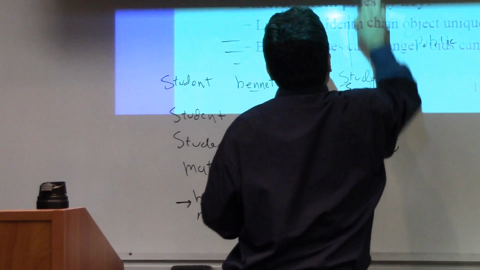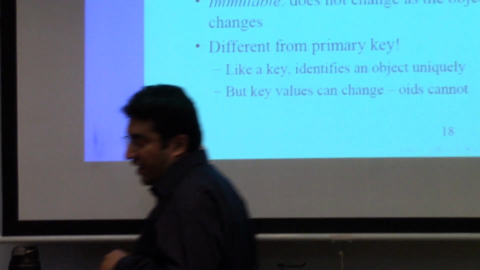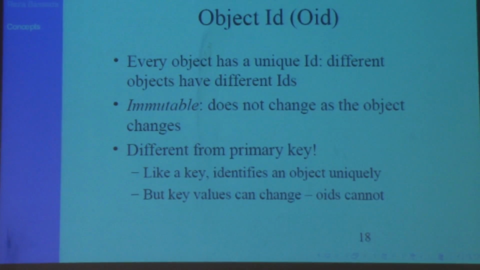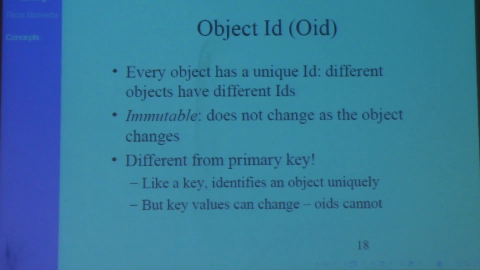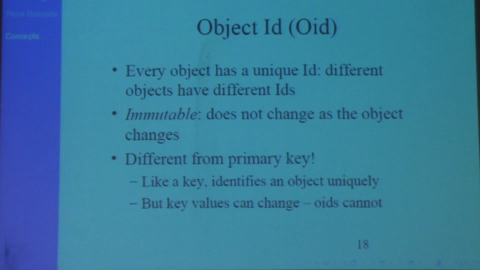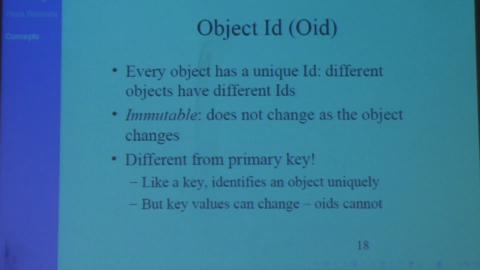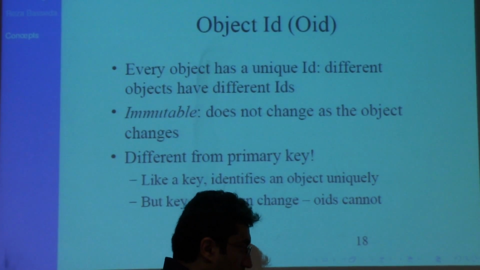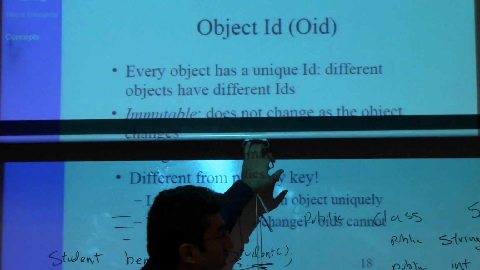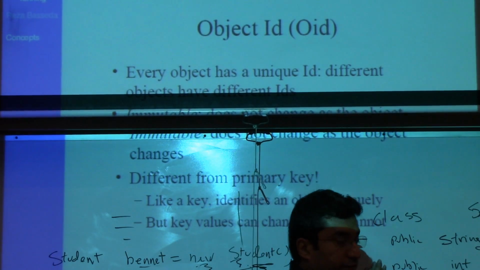But similar to the same concept here, we have this object ID concept. The key in the object-oriented databases is different from the object ID because the key is defined at this level.